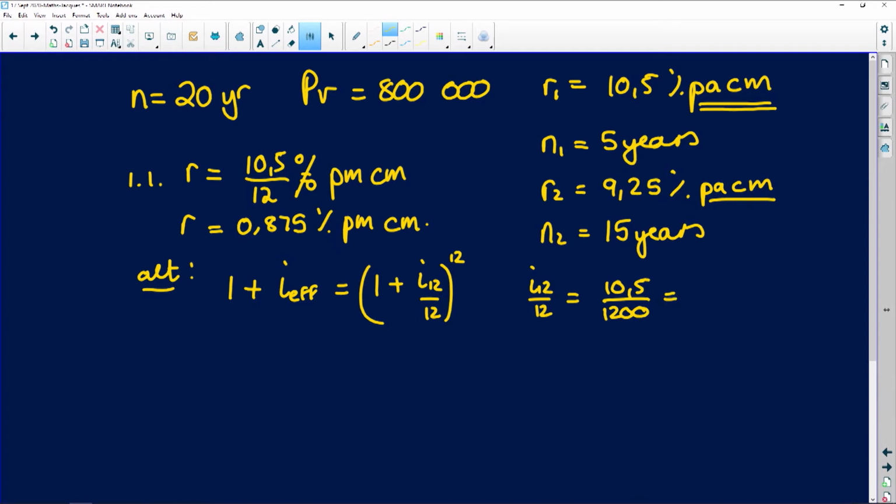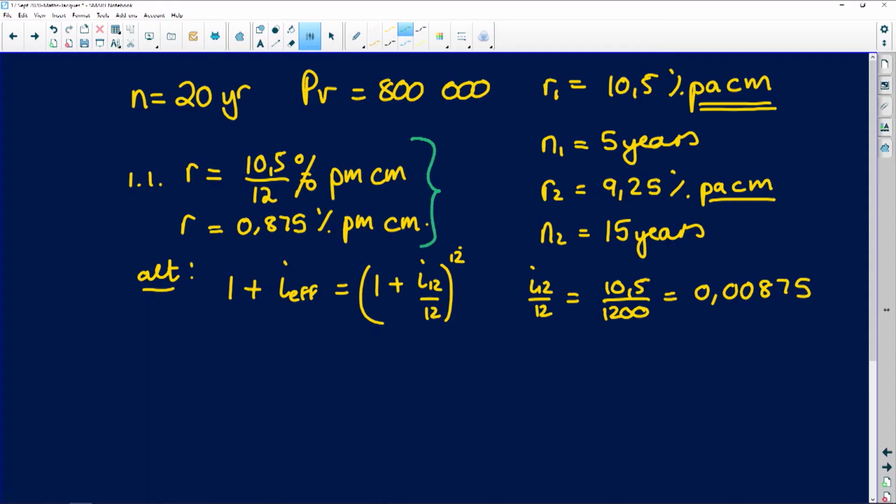And then you've still got to raise it to the power of 12. Okay, now that gives us 0.008875. Okay, that goes in there as 1.008875 to the power of 12. Take the 1 over, multiply by 100, and you have your effective annual rate. So the rest of this is nice, clean-cut calculator work.